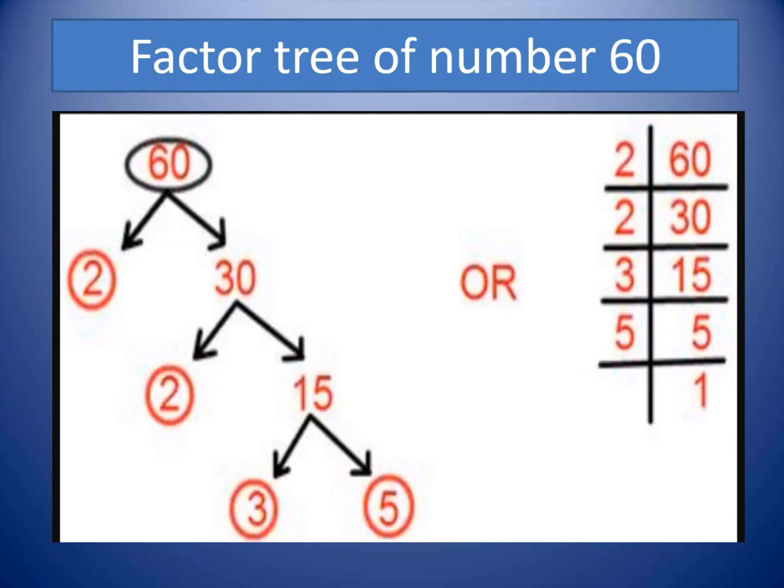Now 15, 3 5s are 15. In this way we have got this factor tree that 60 is divided into 2 multiply 30 and 30 is divided into 2 multiply 15 and 15 is divided into 3 multiply 5. In this way we can find this factor tree.